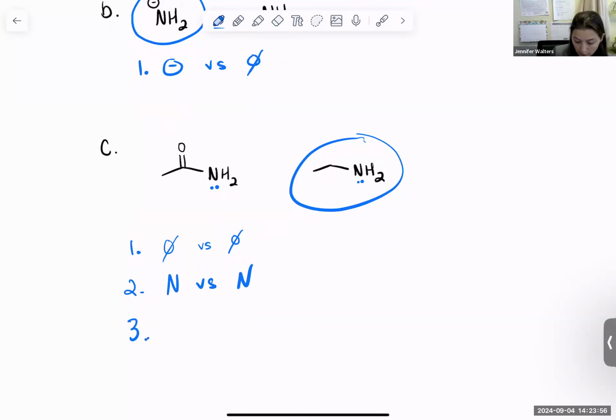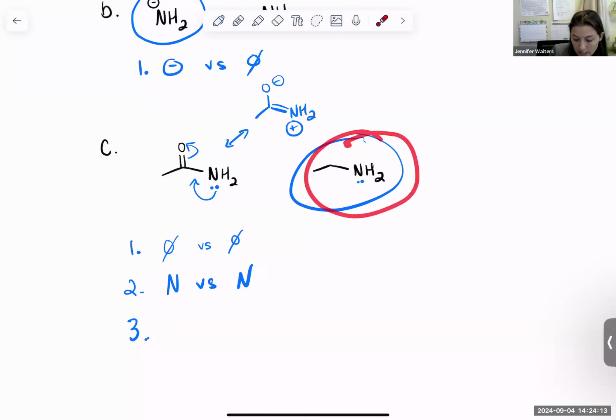And then we move down towards resonance. Our amide is going to have resonance because I have a lone pair of electrons next to a double bond. So I will get a resonance structure. Whereas the amine, there's no resonance.